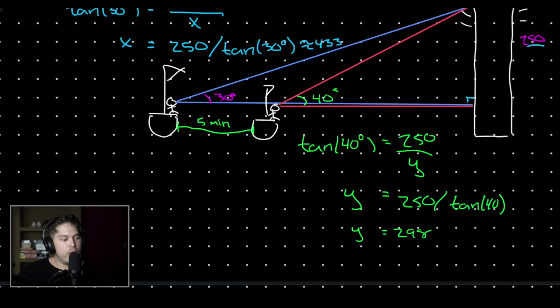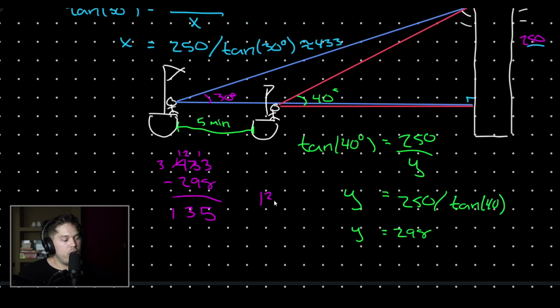Now, in order to find our feet per minute, we need to find our distance traveled, and we'll find that by taking 433 and subtracting 298 from it. Bottom number is bigger, so you borrow. We have a 5. Again, bottom number is bigger, borrow. 3. So we have 135 feet traveled in 5 minutes.